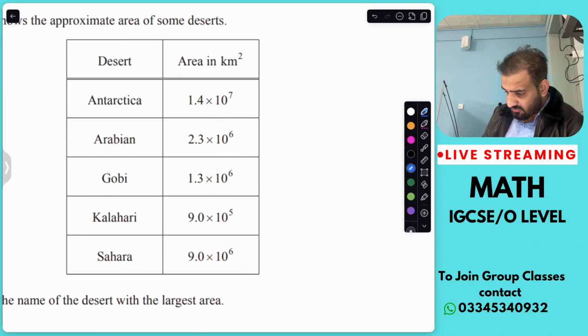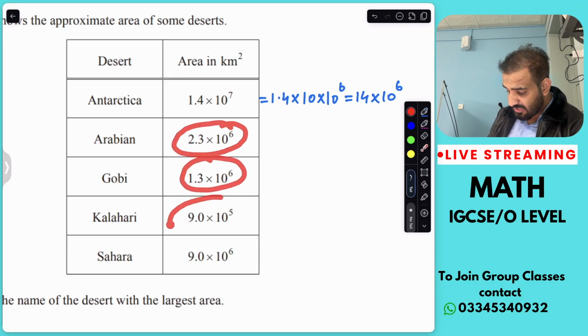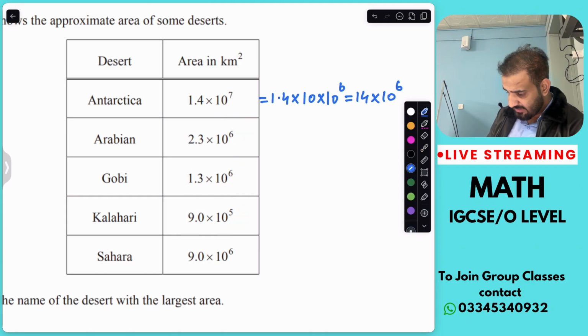If you look at the first, it is 1.4 times 10 raised to power 7. We can break this down this way: it is 14 times 10 raised to power 6. Let's bring this power to 10 raised to power 6.